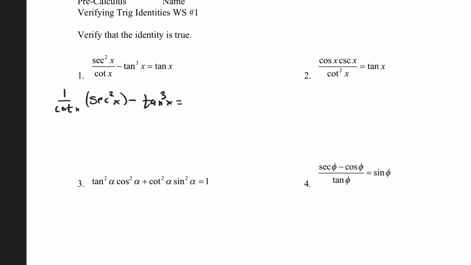I realize that 1 over cotangent, this fraction right here, is the same thing as tangent if I look at my reciprocal identities. So we can say that this is tangent x times secant squared x minus tangent cubed x.